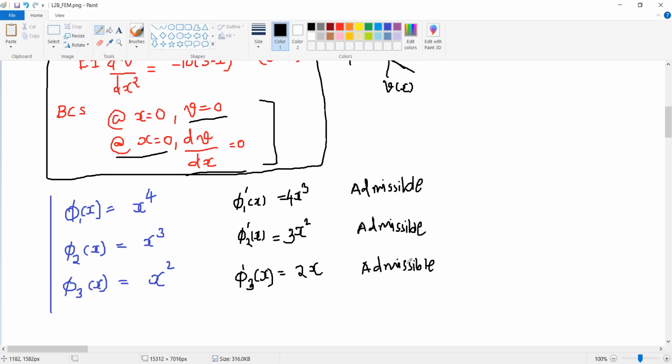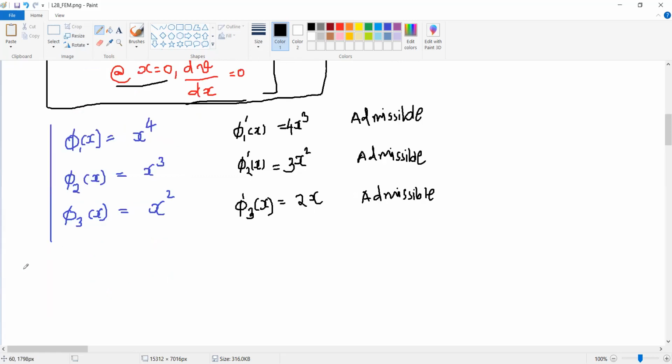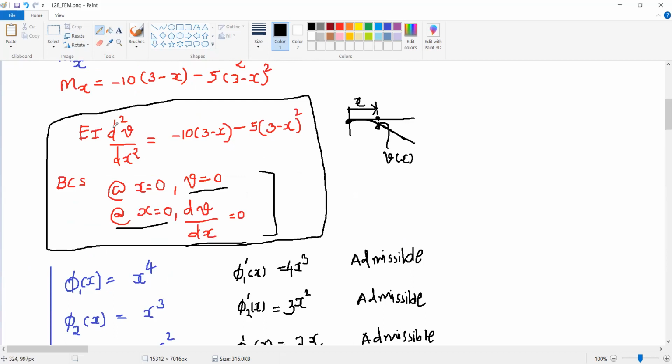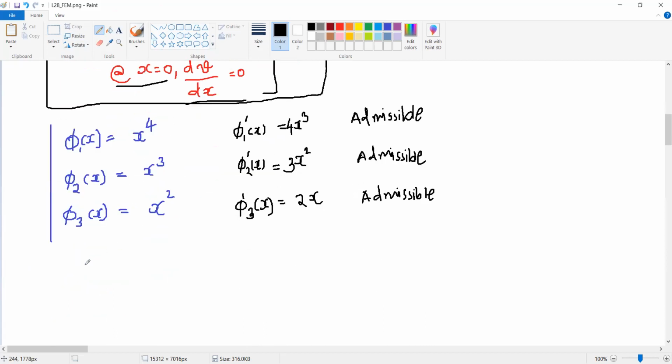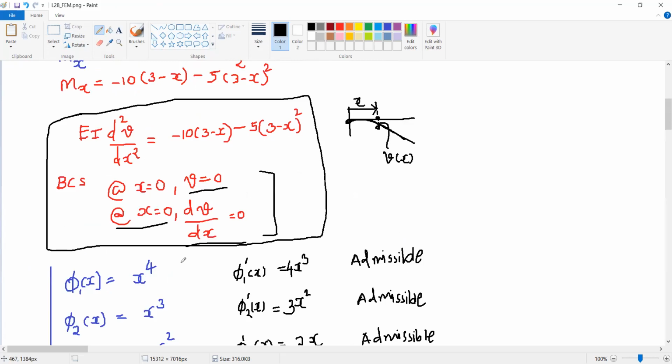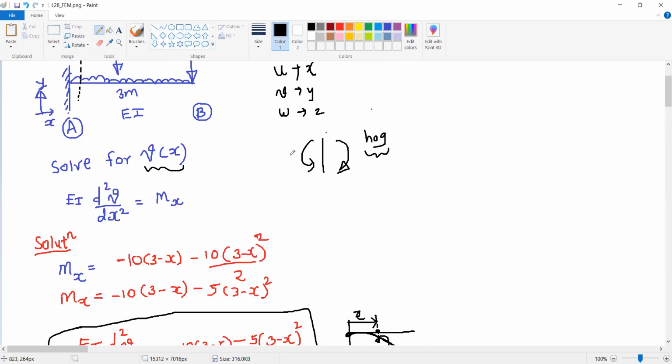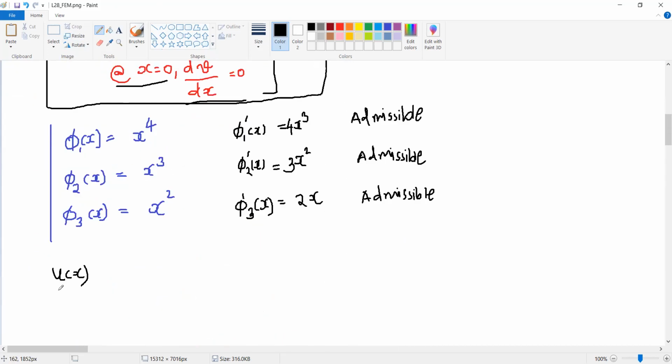Once this is done, what do we do next? The next thing that we do is we express the approximate solution to this governing differential equation. That approximate solution, let me call it u of x. Though we use u for x directional deformation, let us make an exception here. We say that u of x is approximately equal to v of x.